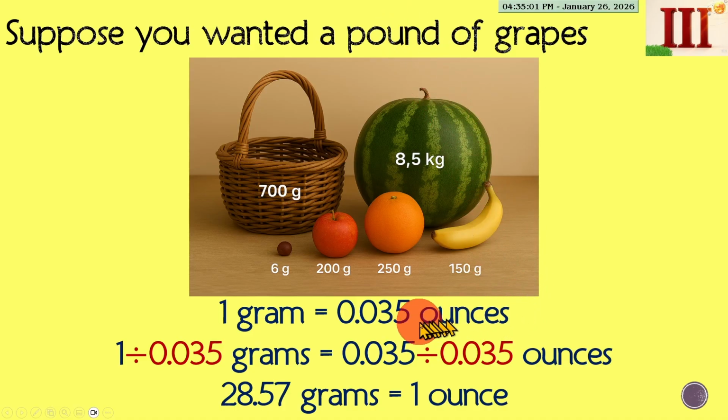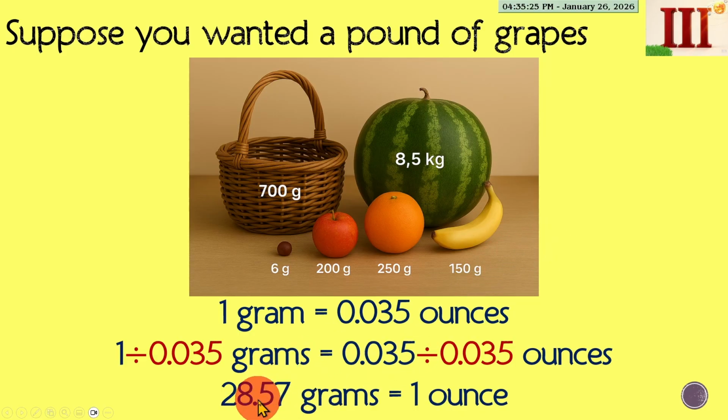So we need to know what the ounce is. If I take this and divide it by itself, I'm going to get 1. So if I divide this by 0.035, I should divide 1 by 0.035. That means that 1 ounce is actually 28 grams approximately.